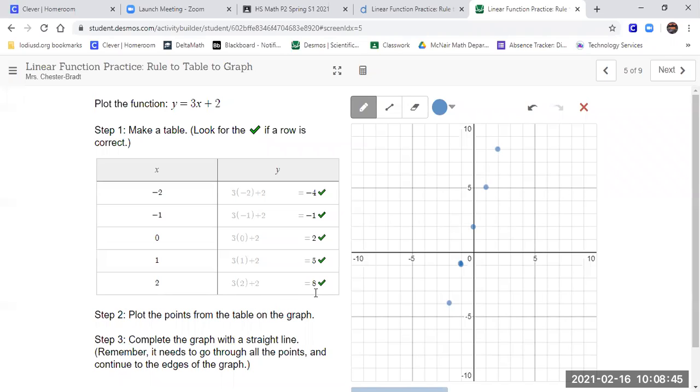When x is 2, what is it? If x is positive 3, what would we be? How much is it jumping each time?